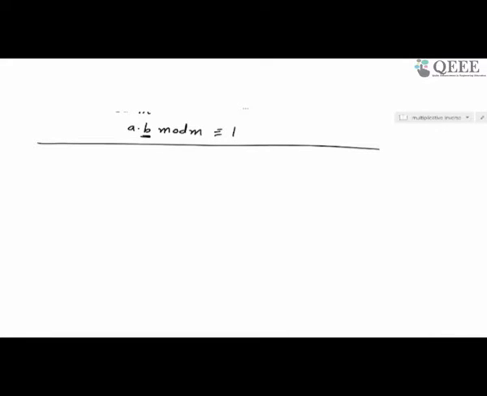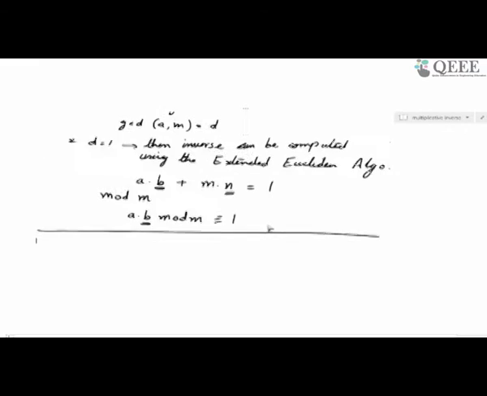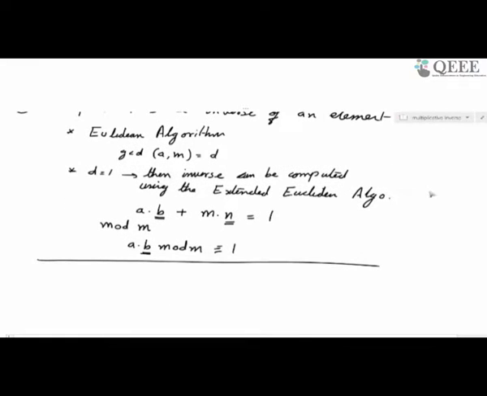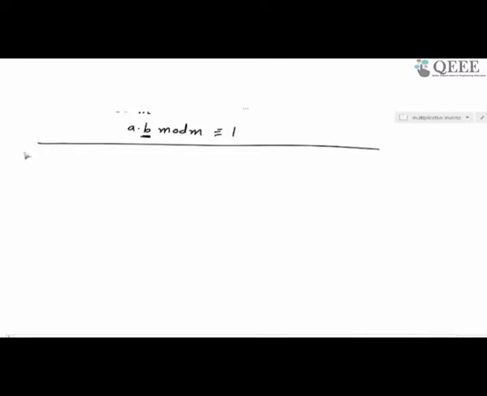And as we will be seeing later today, it is used to prove that the RSA algorithm is indeed correct. So let's look at the Chinese remainder theorem, or you could shorten it to CRT.